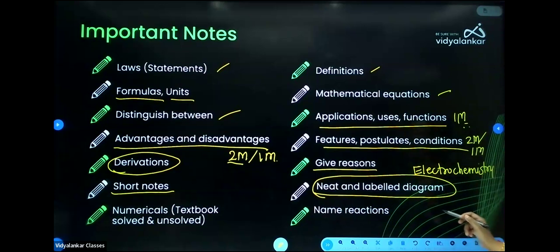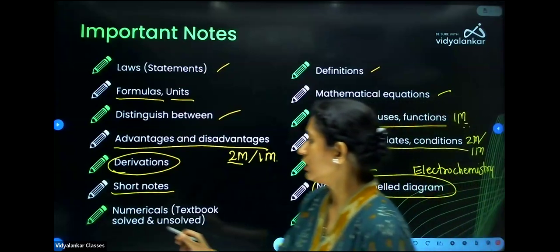Study all the diagrammatical representation, try to remember their labeling. This is definitely there is a chance you may get such type of question in your paper. So do not skip the diagrams in the chapter of electrochemistry.